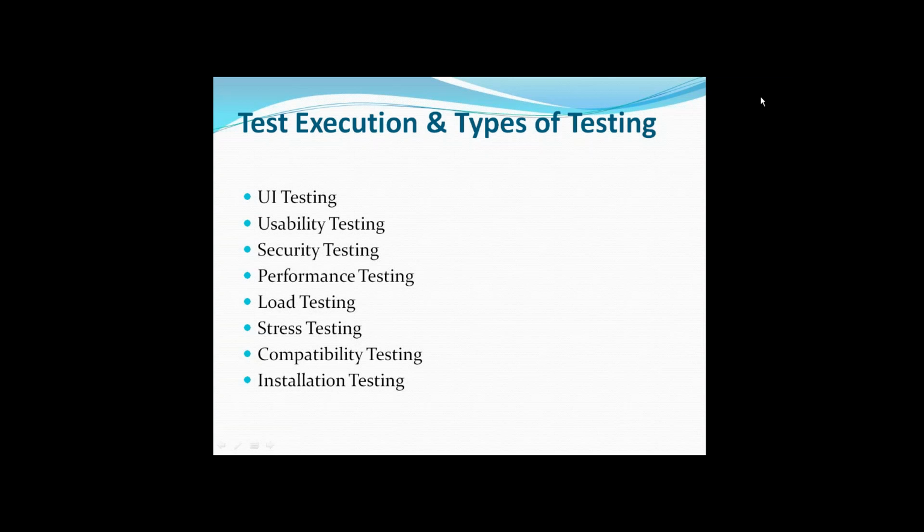Then they ask whether regression testing and retesting are the same thing. What is the difference between retesting and regression testing? Retesting is a type of testing where we perform testing on the same functionality again and again with multiple sets of values.